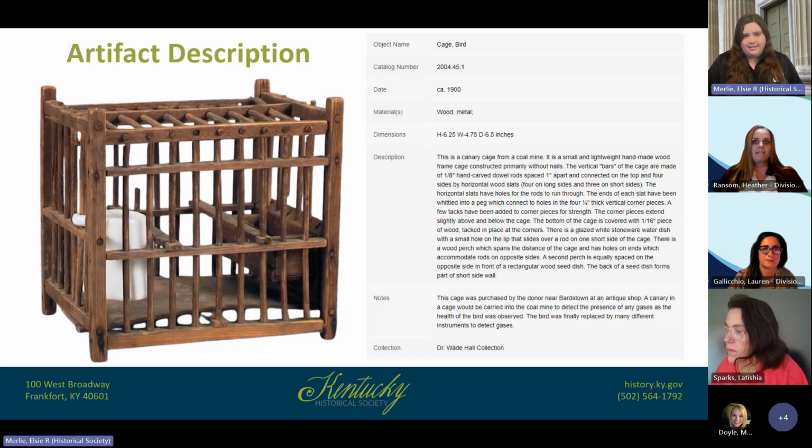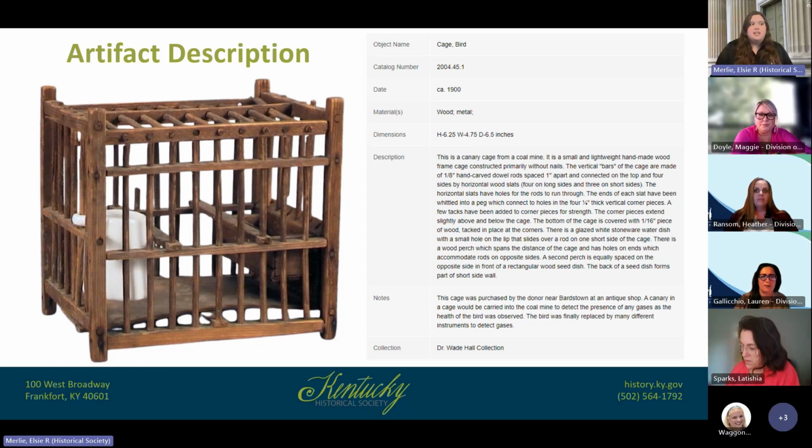Something I did a little bit of a deep dive on is that the coal miners revered these birds and took very, very good care of them. There are several historic images out there, not that we have in our collection at KHS, but elsewhere, of coal miners reviving these birds because they want them to continue to survive and thrive. Luckily, there are other measures and machines now, so we're not harming these animals. Just to add some context there.